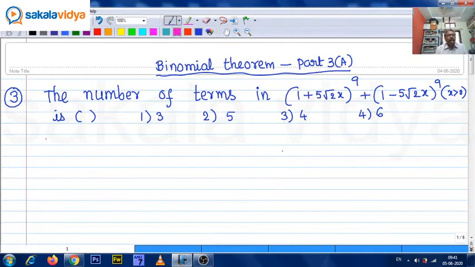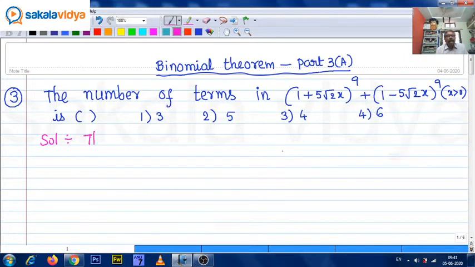Now, the number of terms in (1 plus 5 root 2 x)^9 plus (1 minus 5 root 2 x)^9. First we need to revise the formula.